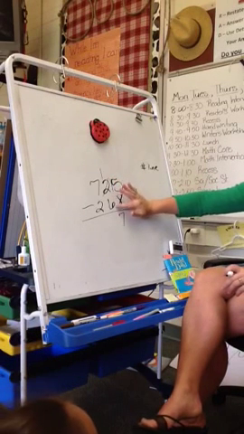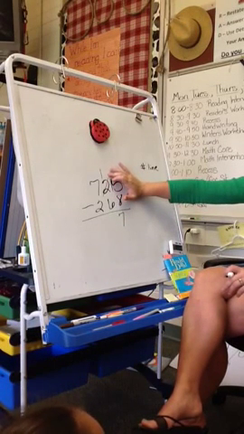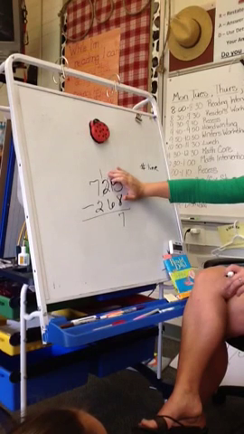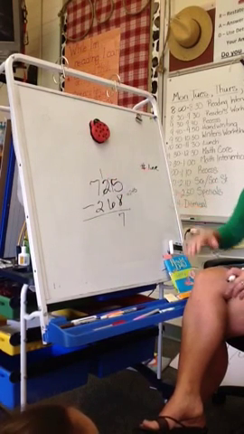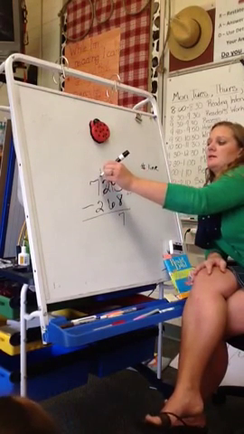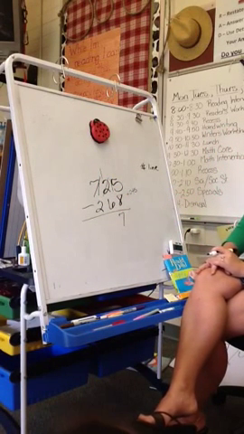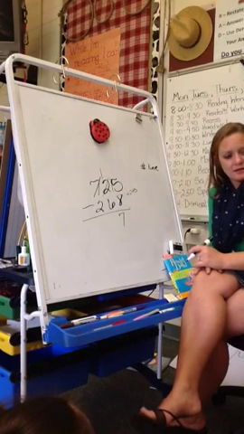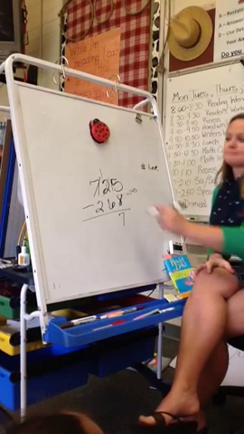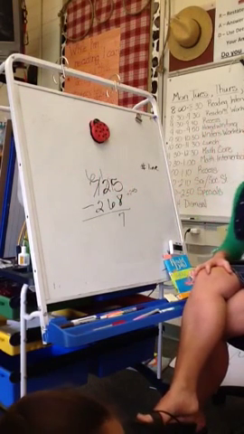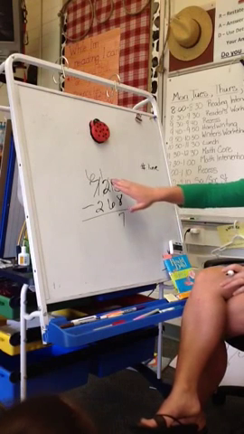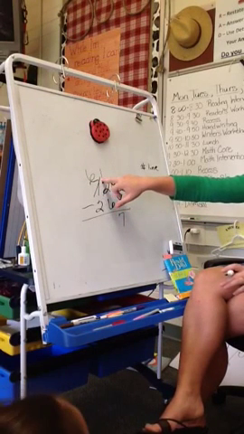Can I take 60 away from 10? What to do? Go to your neighbor. Can I borrow a group of hundreds? And he says, sure. So he doesn't have 700 anymore. He has 600. That group of hundreds I just borrowed goes in front of my group of tens.